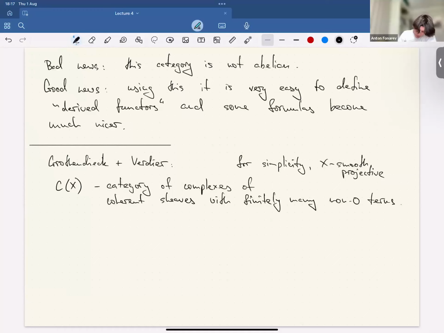Okay, and now the morphisms are just simply morphisms of complexes. Then you put the derived category to be C of X, and this is what's usually denoted by this. So we formally invert all quasi-isomorphisms.